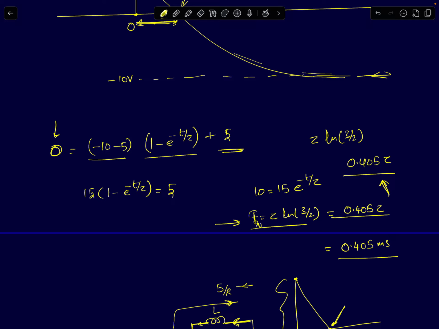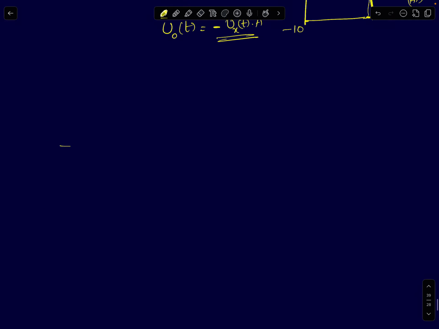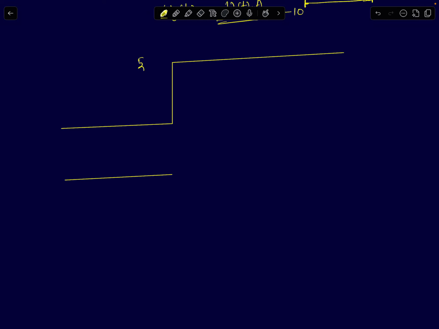So now that we have all this information, we will be able to draw the steady state pulse. If you apply a step input of 5 volt magnitude, what you should expect at the output of this op-amp is a pulse that goes to minus 10 when the step arrives, and it stays on for a duration of roughly 0.4 milliseconds. Then it comes back to 0.